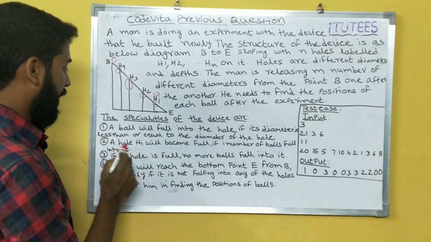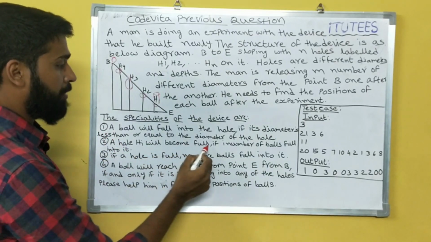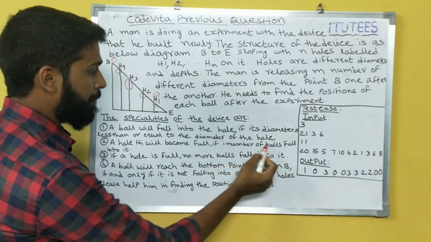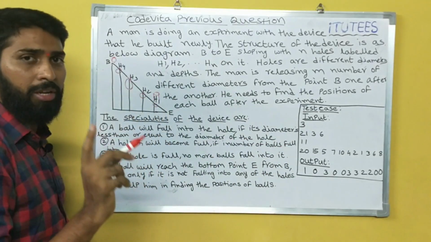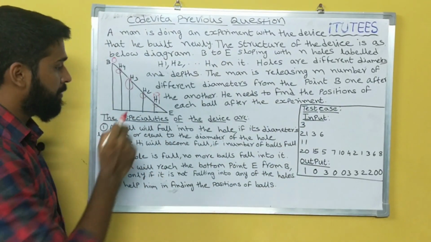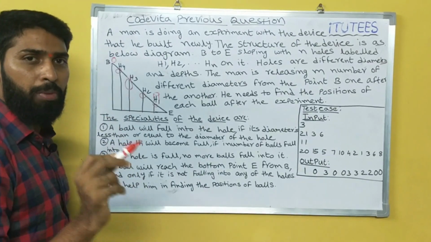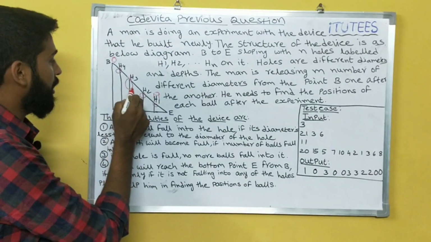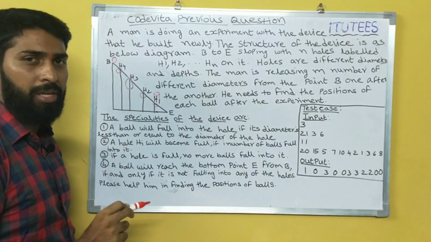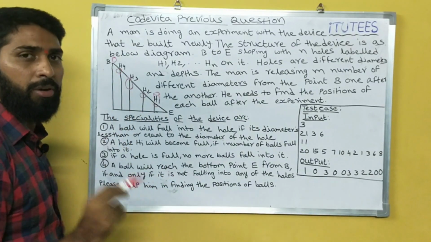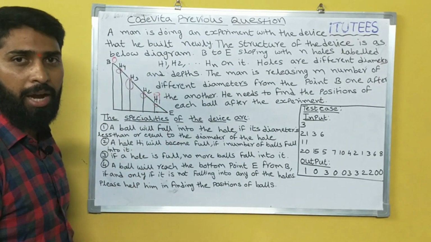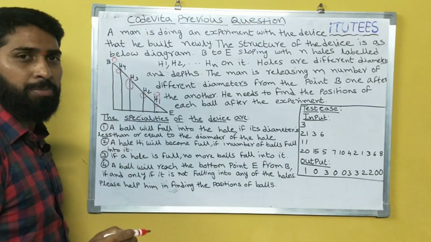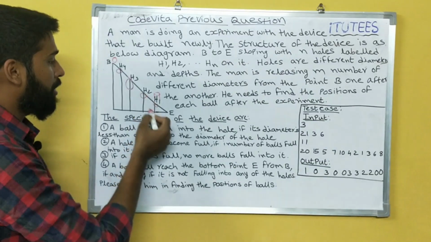And next one, a hole Hi will become full if i balls fall into it. That means in H1 only one ball will fall, in H2 two balls will fall, in H3 three balls will fall, in H4 four balls will fall. That means Hi takes i balls. So Hn means n balls will fall into this hole.